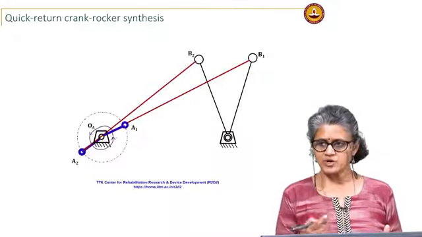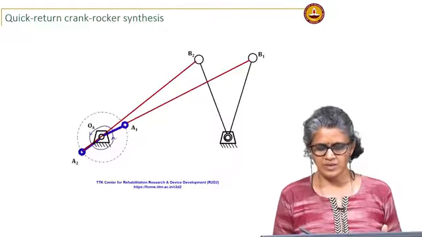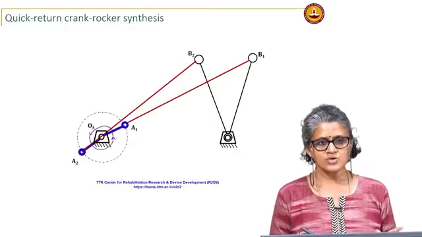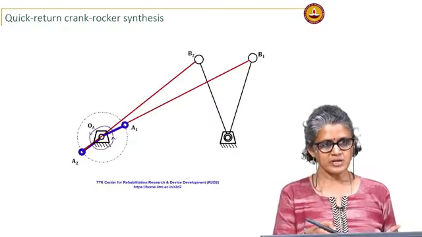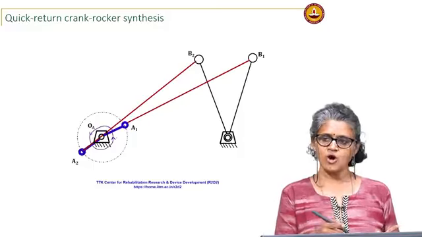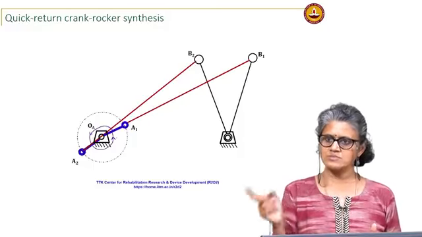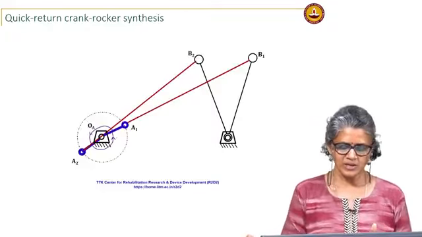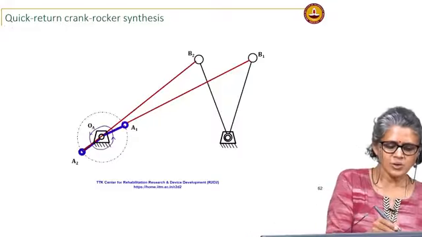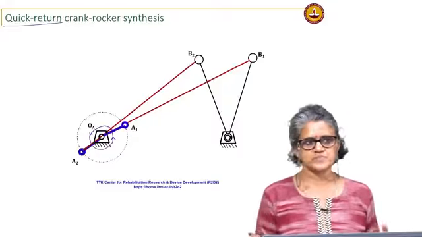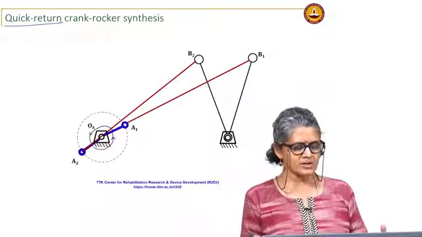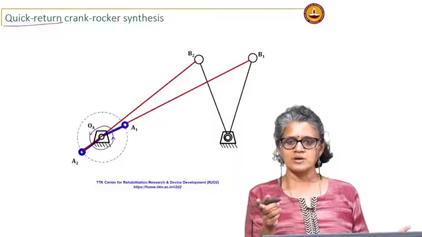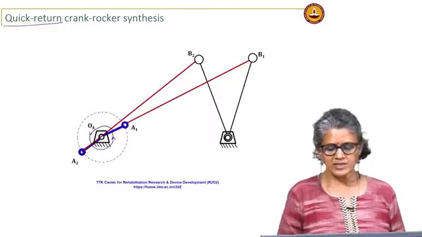So, if I am running it with a constant speed motor, the time it takes to go from A1 to A2, and therefore B1 to B2, is going to be longer than the time it takes to come back from B2 to B1. This is called a quick return mechanism. So, a quick return crank rocker takes a different amount of time for one stroke than for the other stroke.